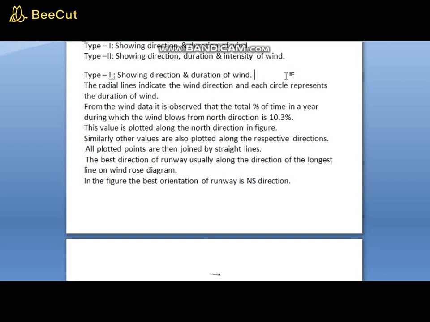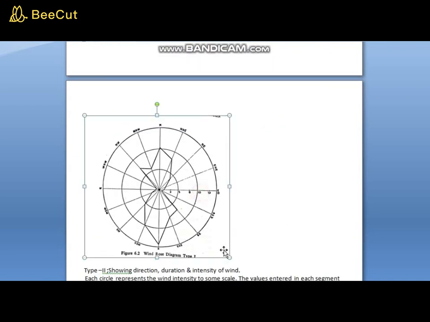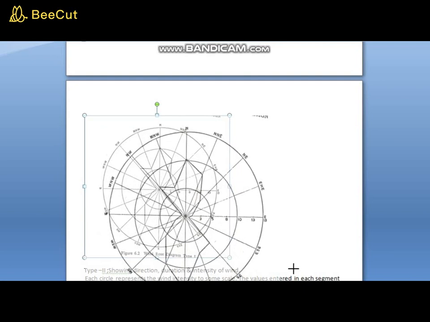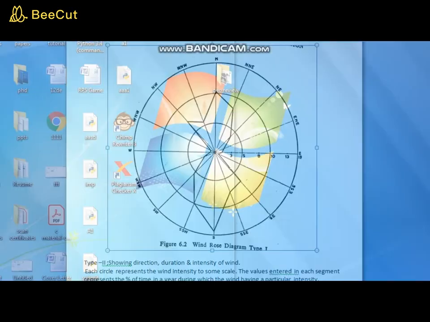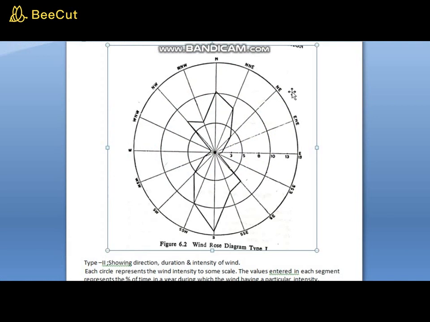The radial line indicates the wind direction. Let me show you the image of type 1. This following image shows Windrose type 1.